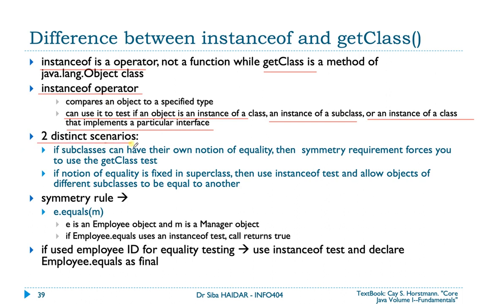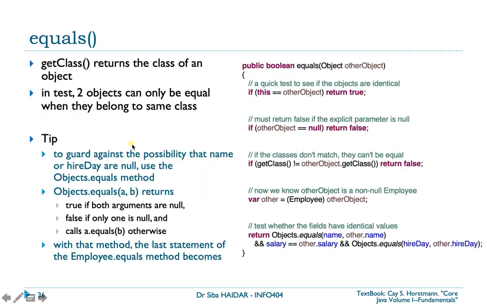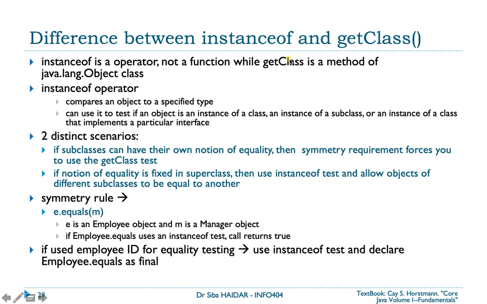So there are two different scenarios where, inside the equals, you have to write: if this.getClass() is different than other.getClass(), and when do you say if other object instanceof, for example, Employee, because we are inside the class Employee. When to choose and what to choose.